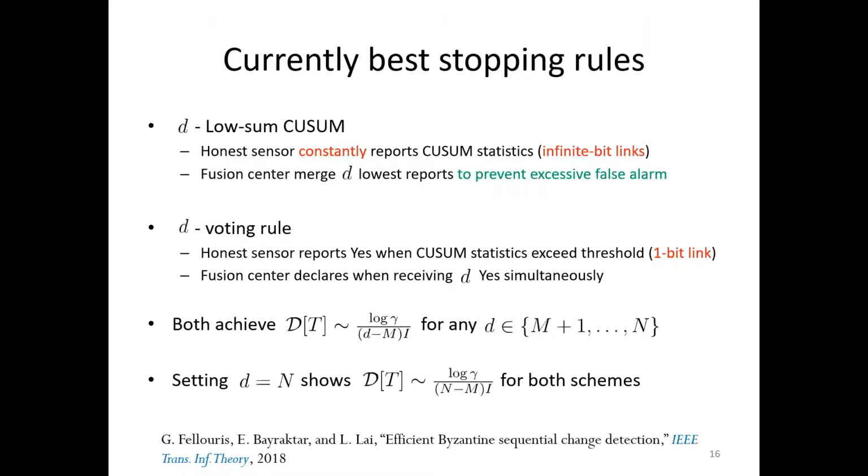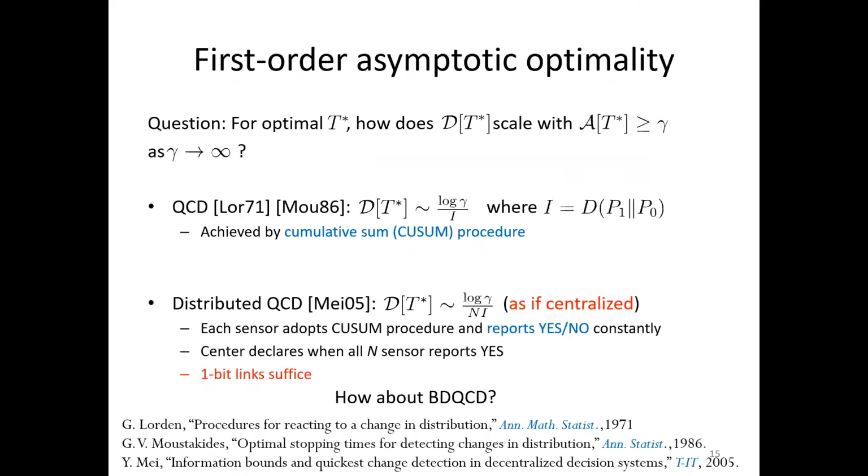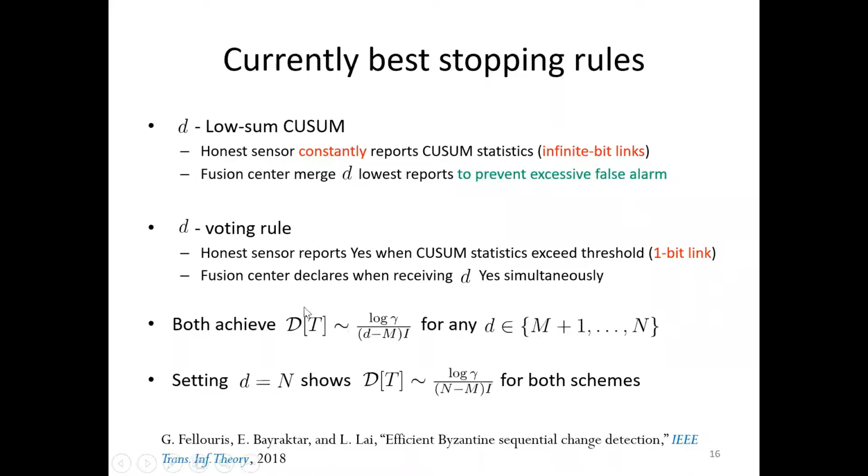Okay, all right, and the second rule here is called the D voting rule. So that's pretty much an extension of this rule. Okay. So basically, he just lets the sensors do their local CUSUM and report yes or no. Okay, and then the fusion center will declare the thing has happened if D of them say yes simultaneously.